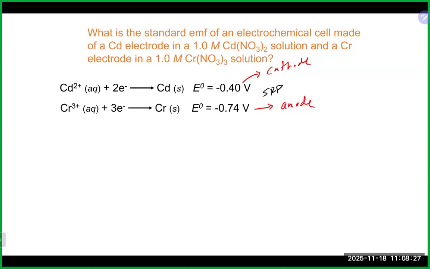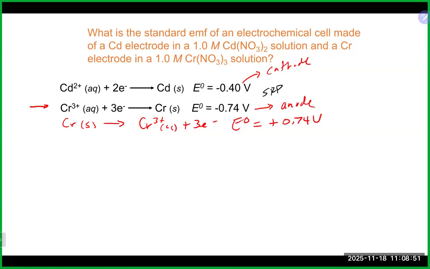What that means is, technically speaking, this reaction is not written correctly. If we wanted the balanced equation, we would have to reverse it and give us something like this. And since we did reverse that, it would now become a positive 0.74 volts for our anode.